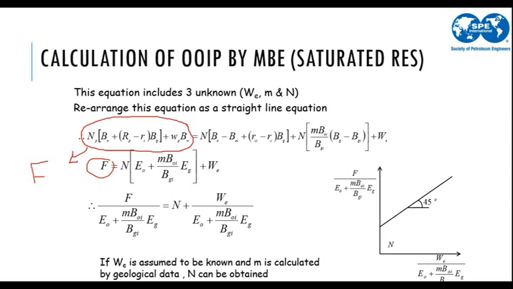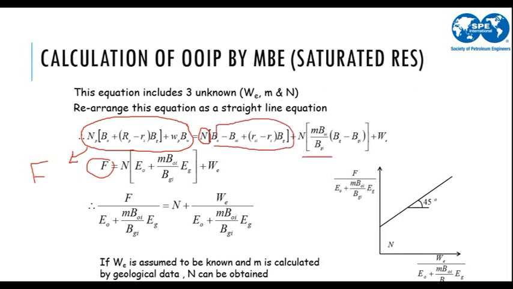F is an abbreviation for flowing. So let N, the initial oil in place, remain as it is.